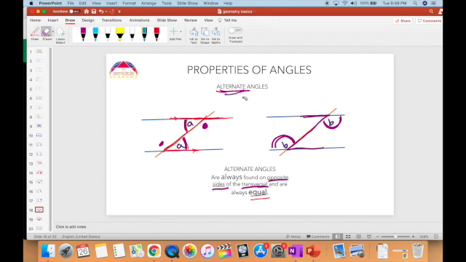Alternating angles are found on the opposite sides of the transversal, right? So alternate angles are, if I was to draw a Z here like this, you've all seen the Z, right?